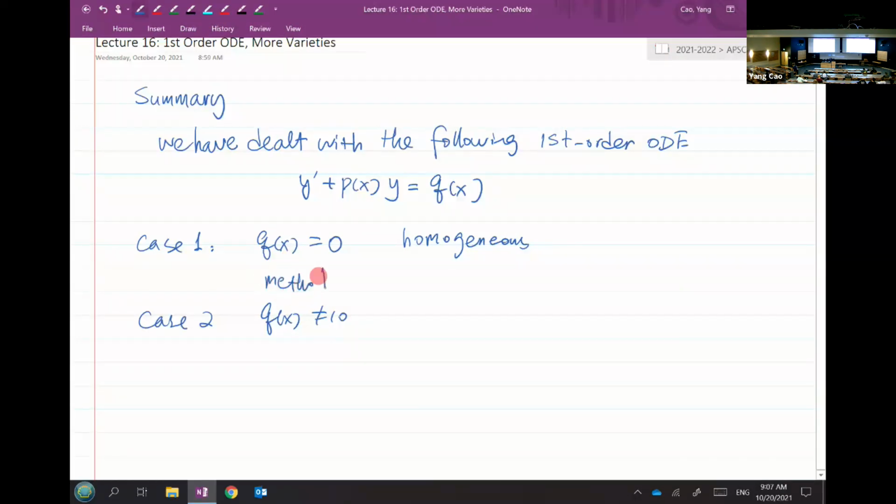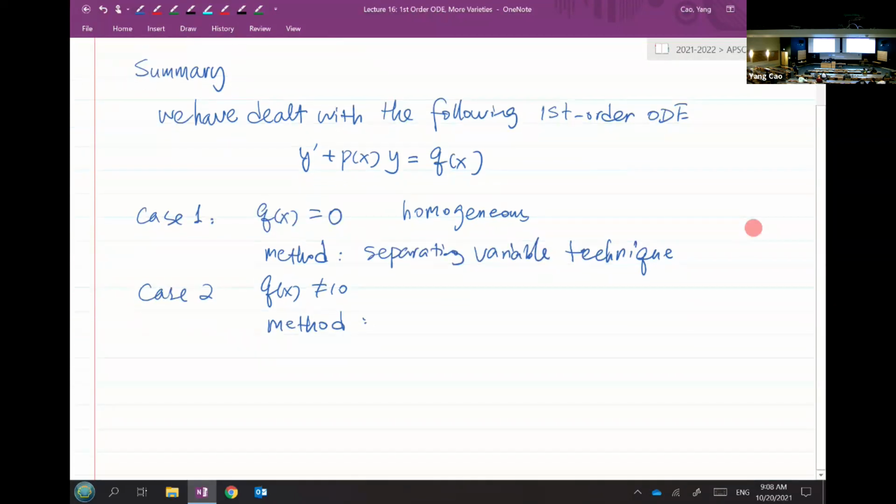the method we use to solve this ODE is called separating variables. When Q of X is not 0, the approach we use to solve this so-called non-homogeneous ODE is the integrating factor method, which is what we covered before the midterm.